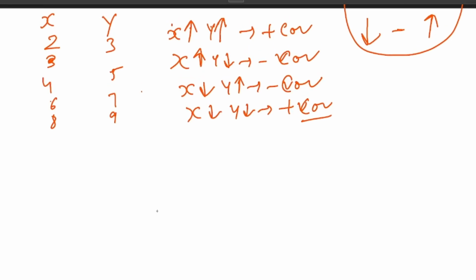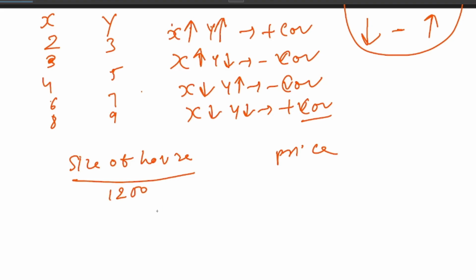Understood? So let me draw a real world example: size of house and price. What do you think? If the size of the house increases, how will the price be affected? Will it decrease or increase? If the size of the house is 1200 square feet, then the price is 40 lakhs.